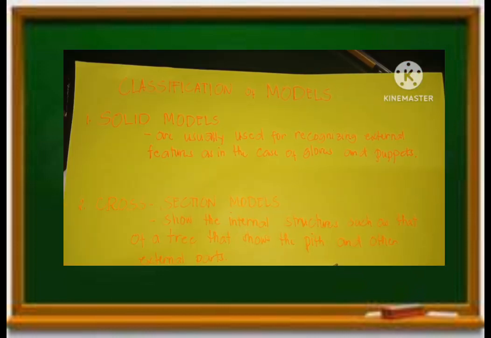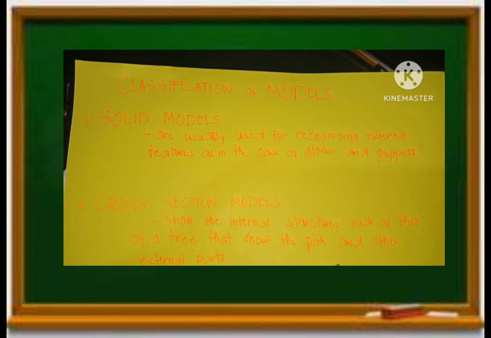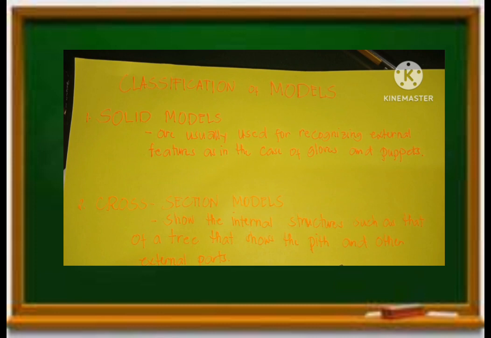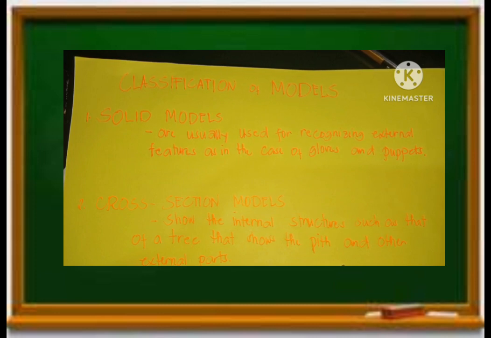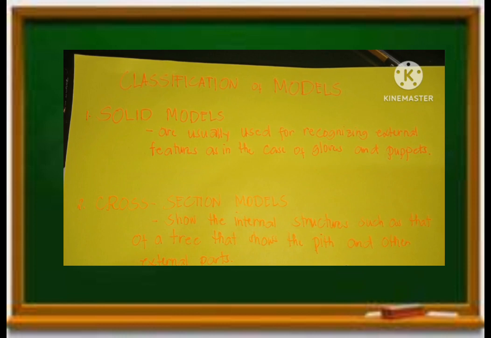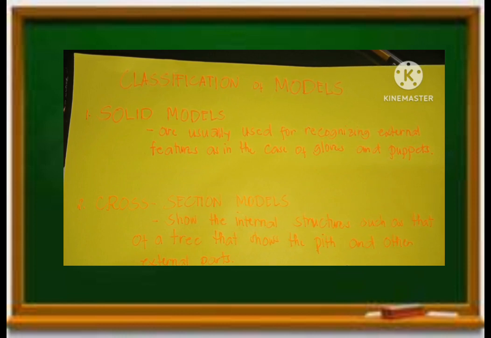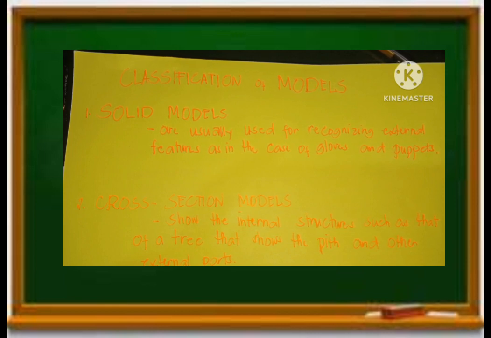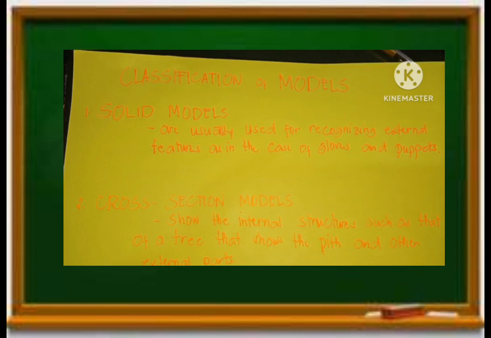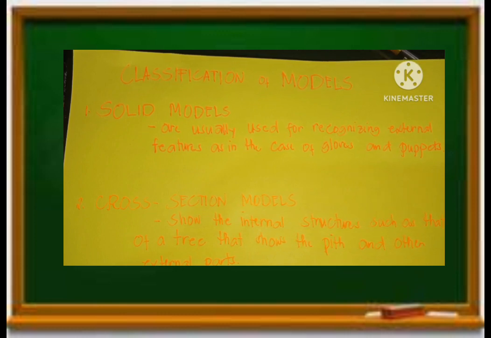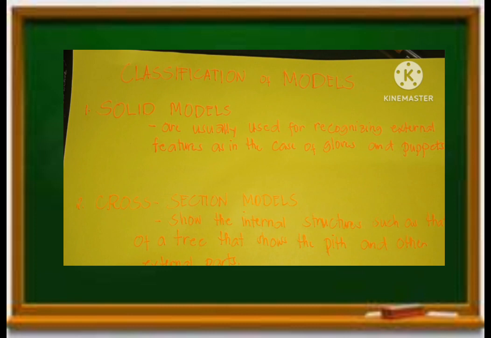And then we have here the four classifications of models, which are the solid models, cross-section models, construction models, and the working models. So, solid models are usually used for recognizing external features, as in the case of globes and puppets. It contains information about the edges, faces, and the interior of the part.